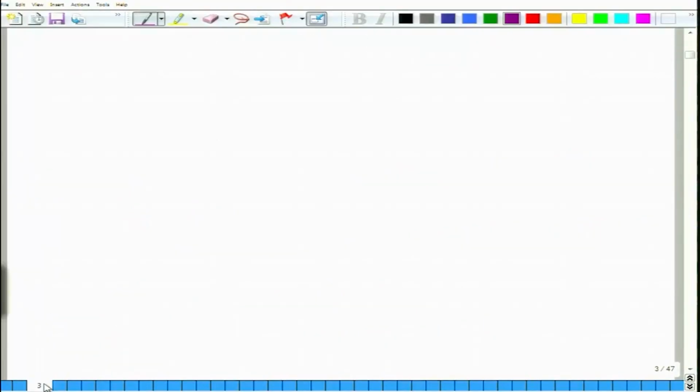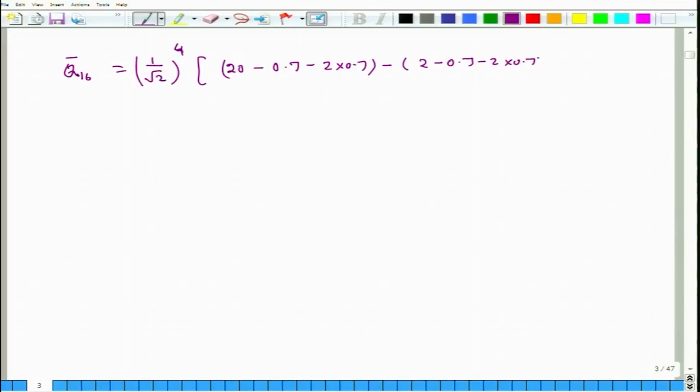And Q16 bar equals (1 over square root of 2) to the power of 4 times (20 minus 0.7 minus 2 into 0.7 and so on).